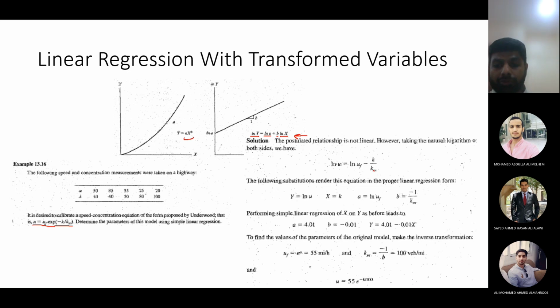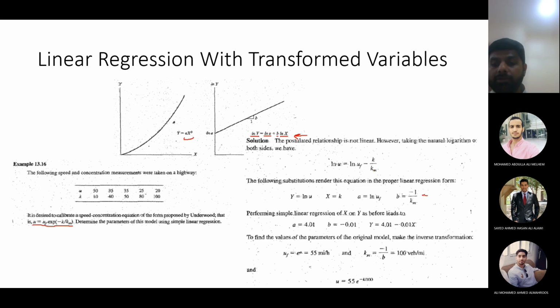Now we know that a means log of uf and b means minus 1 upon km. So if a equals 4.01, I will put log of uf equals 4.01. And b equals minus 0.01, so I will put minus 0.01 equals minus 1 upon km, which is the b value, right?